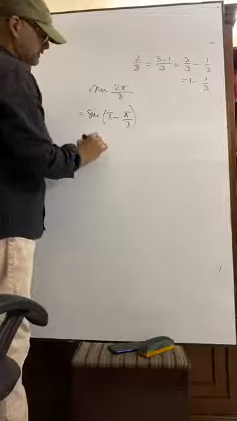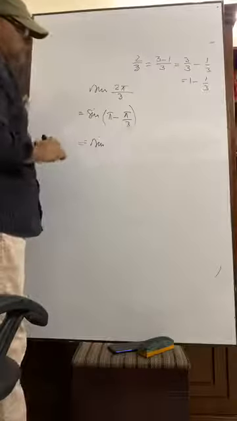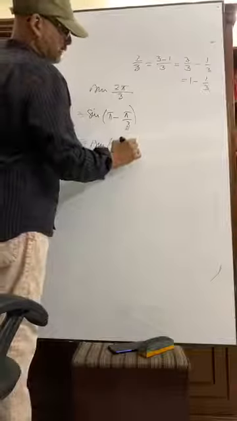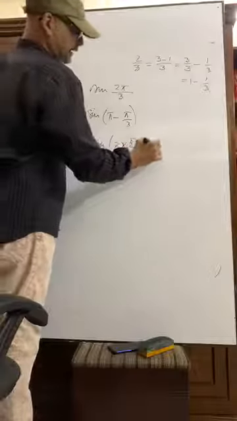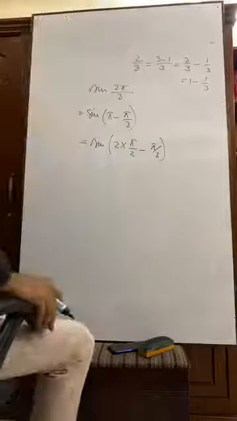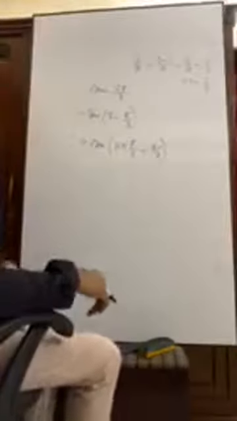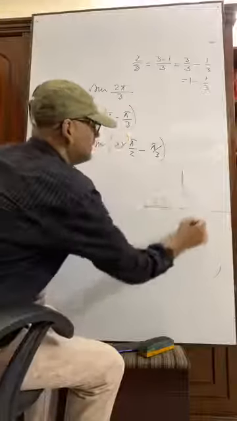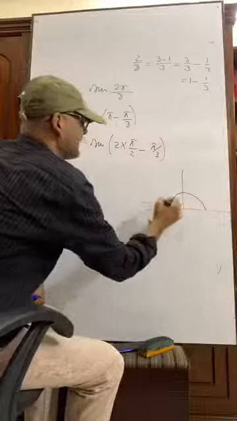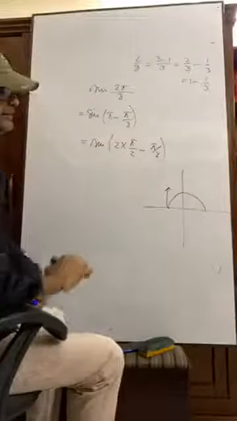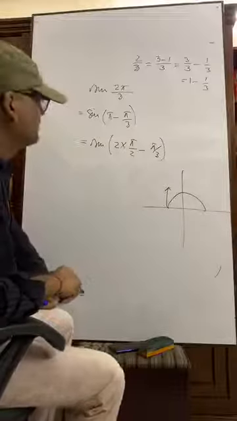Here, sine of 2 into pi by 2 minus pi by 3. At first you have to determine the quadrant in which the angle lies. It is minus, so it lies in the second quadrant, not in the third quadrant.